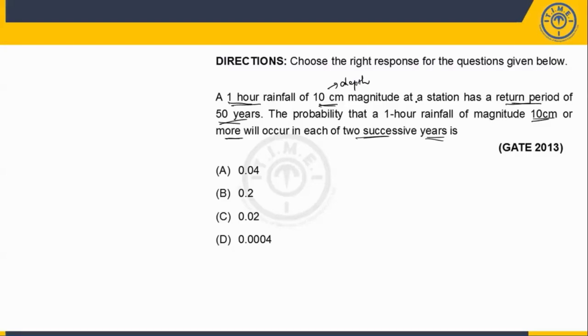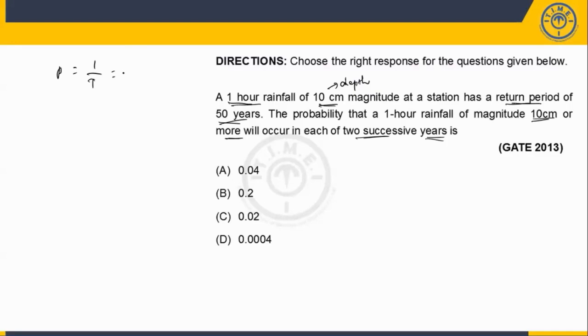What is given? Return period. See, when you have the return period, first we calculate the probability of occurrence. So P is equal to 1 by return period. Once in every 50 years it's occurring, meaning in 1 year what is the probability of occurrence?